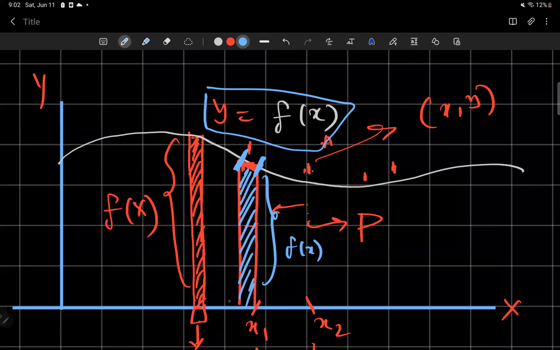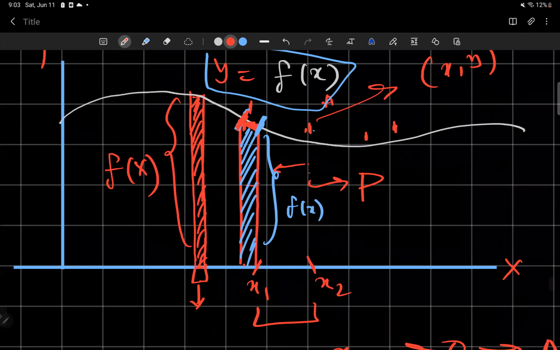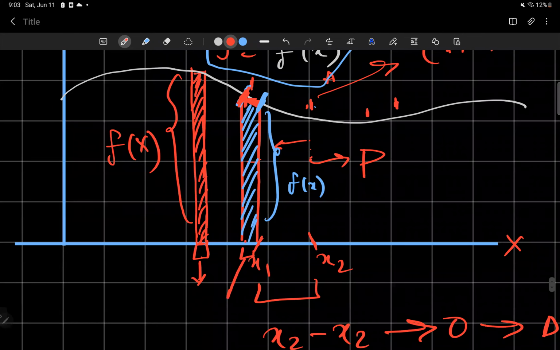The distance of this point from the x-axis is represented by the y coordinate. But y comes in terms of x, as a function of x, right? So that's why the length of this arm will be f of x. That was my idea. And the width is just del x.